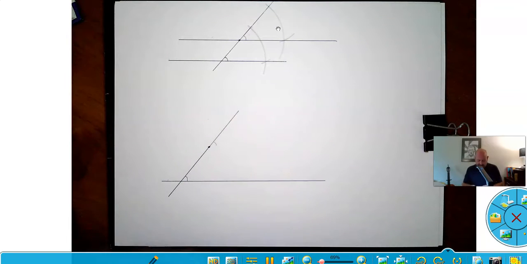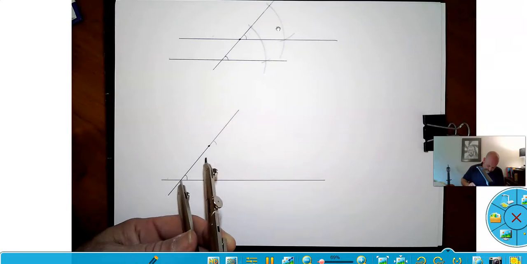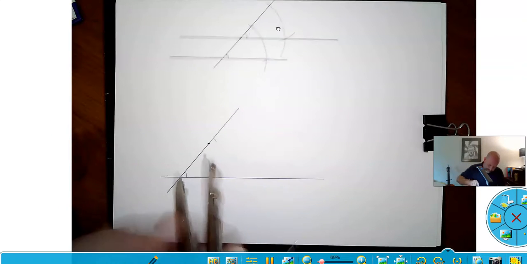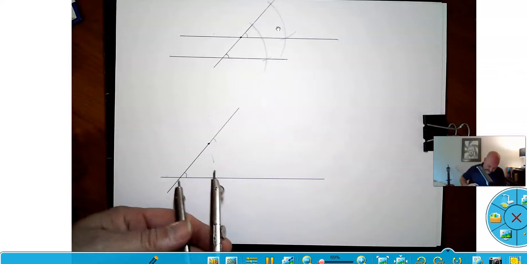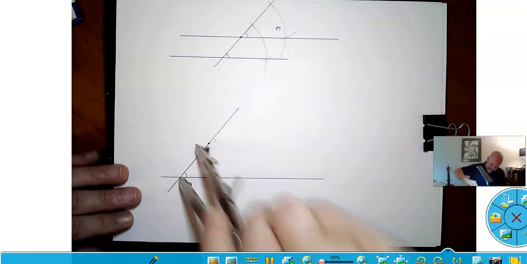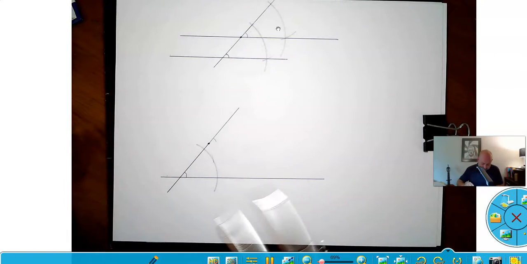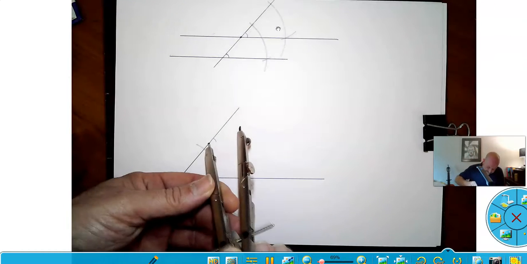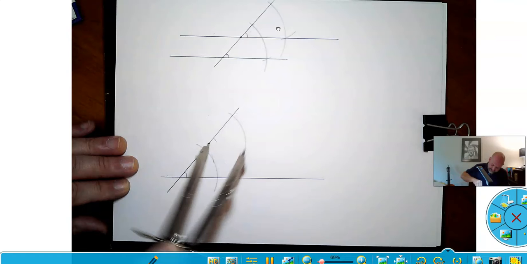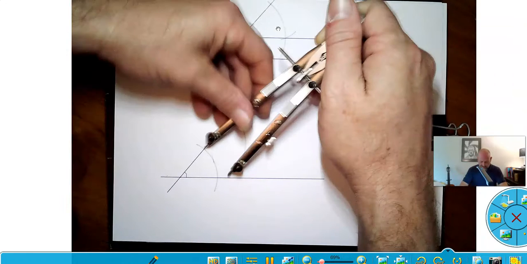So we're going to do the exact same thing we did before. I'm going to measure off here. Sorry, to make sure you guys can see it, I have to kind of hold the compass at an unnatural angle. So, okay, we'll make our second stroke here. And then we need to measure this thing back the other direction.